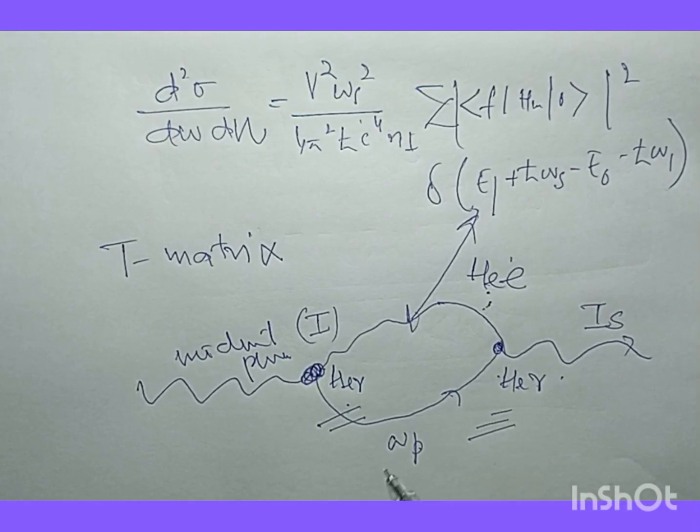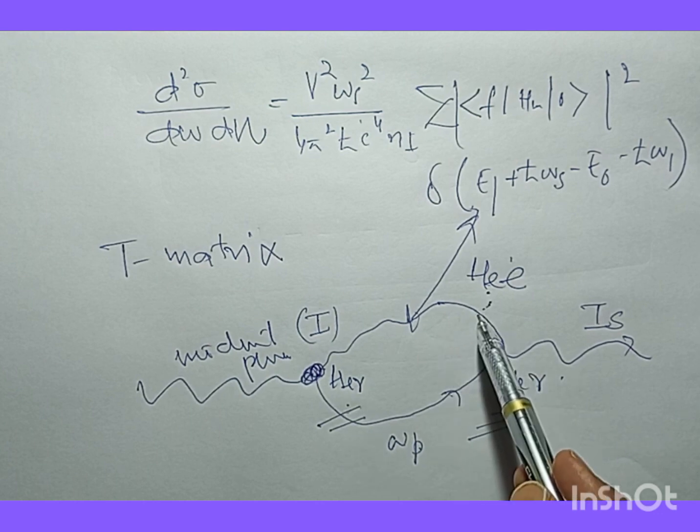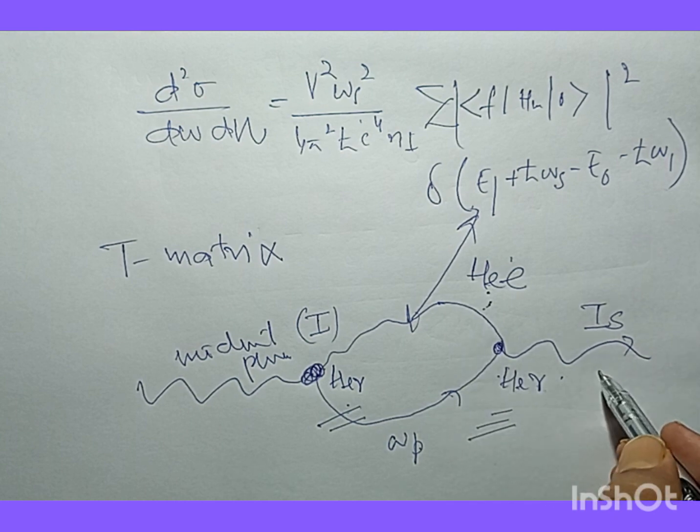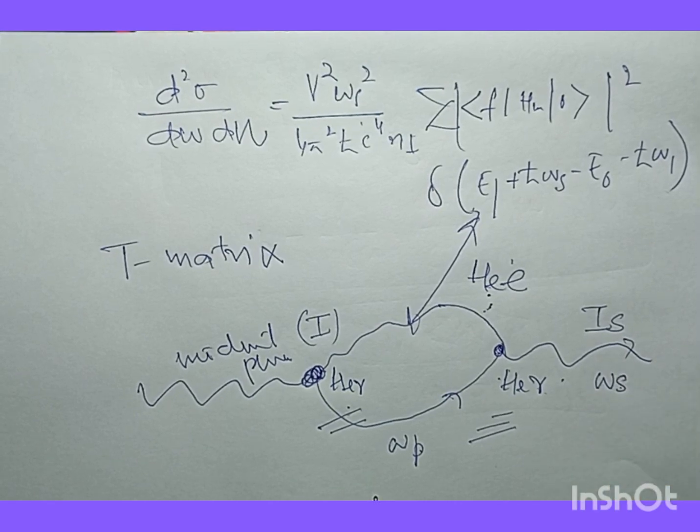So finally, what happens to the electron and hole pair? They pair up again and recombine by emitting a photon of energy omega s.